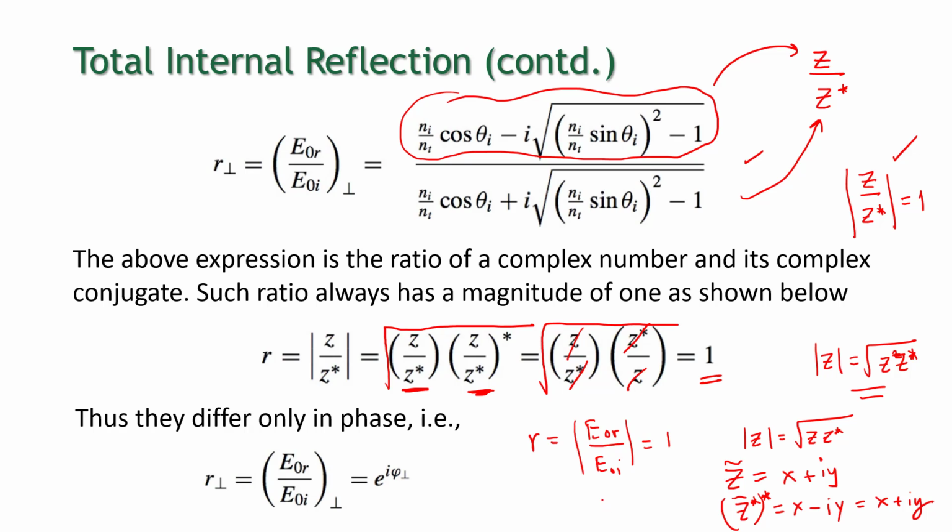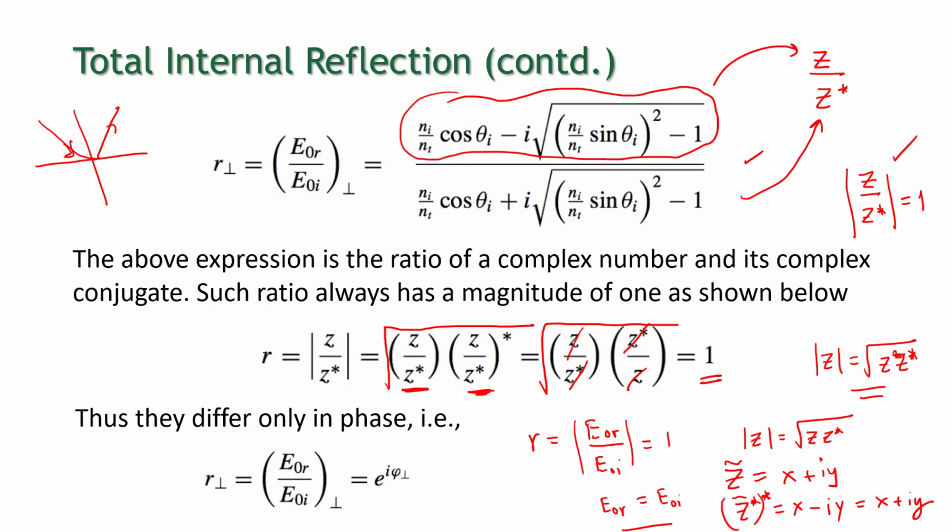That means E naught r would be equal to E naught i in magnitude. That's true, but they still have a difference in the phase. That's what you will see when the light is reflected. The incident light and the reflected light will have opposite phase.